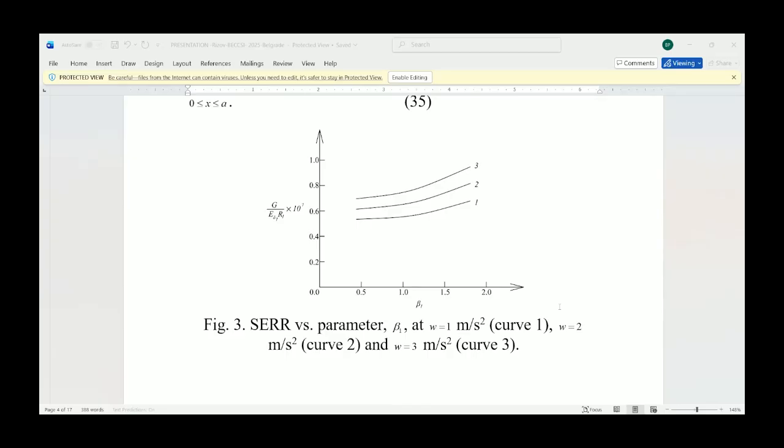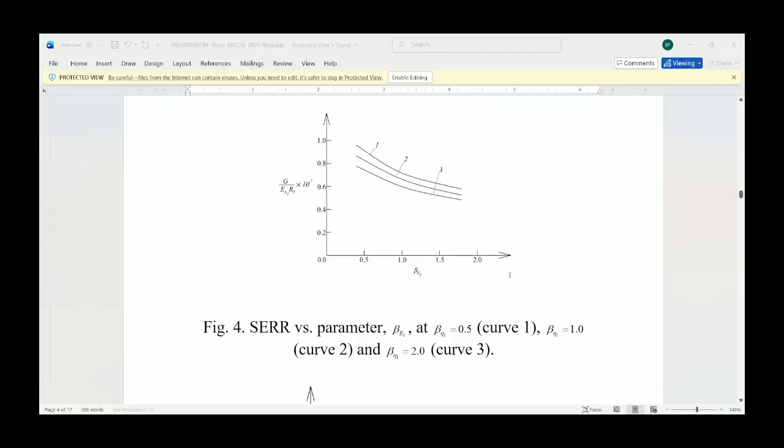This means that the increase in the bulk density of the material along the thickness of layer 1 and the rod acceleration result in an increase in strain energy release rate.